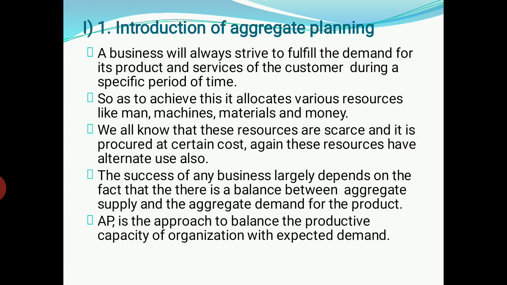We'll continue the aspects that we started in the previous lecture, and after the completion of aggregate planning we'll take up CRP, that is capacity requirement planning, and then comes maintenance management. These three aspects have been divided so that we know exactly under what heading, under what main point, what aspects can be covered.